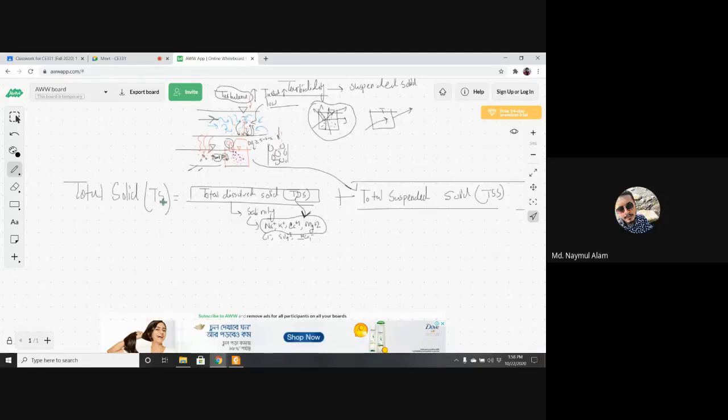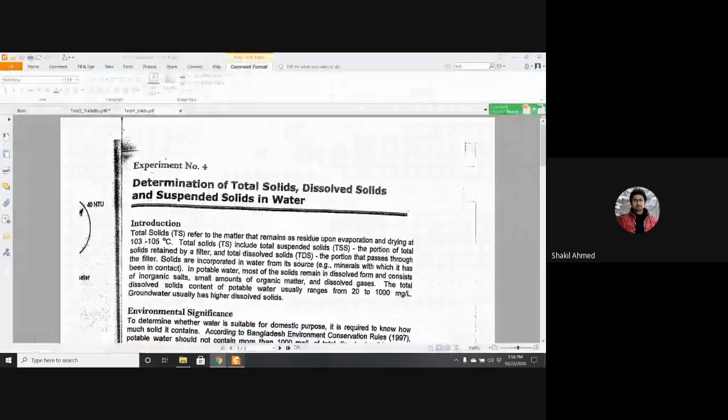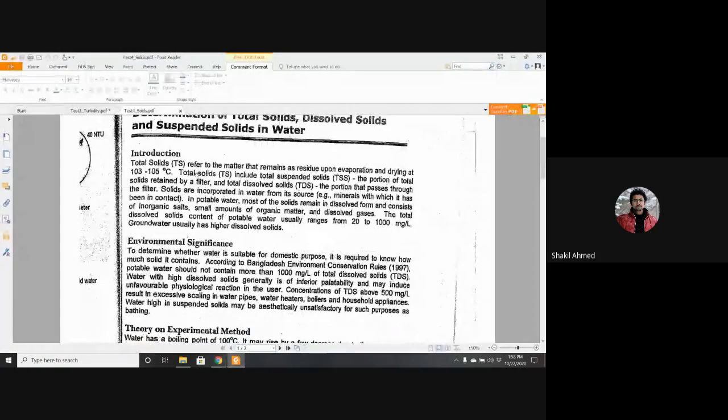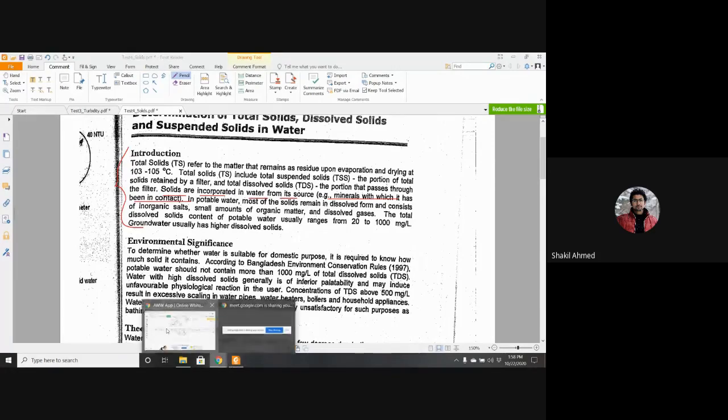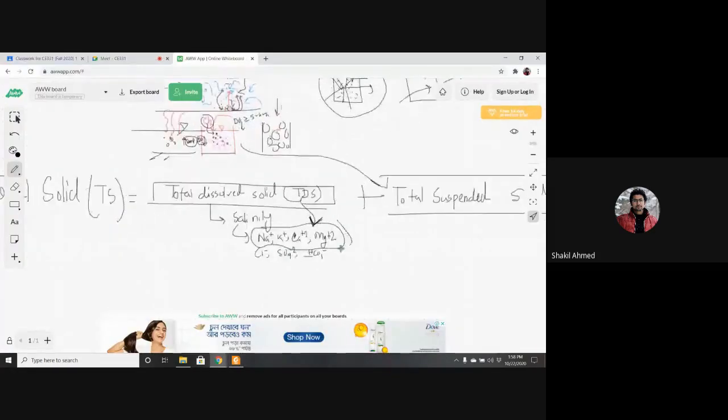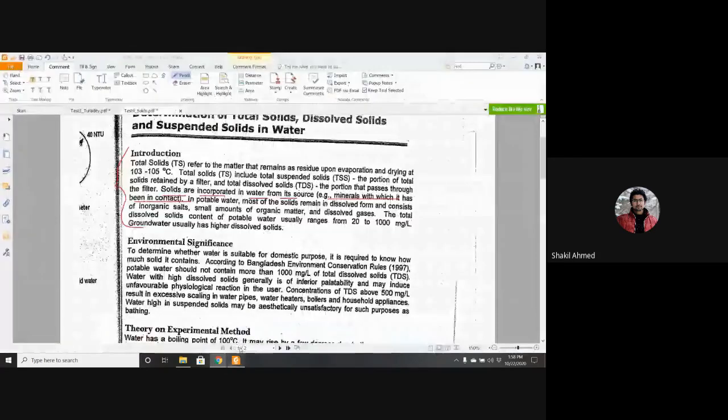So TS equals TDS plus TSS. So you should go through these very well, okay? I already discussed these things. Solids are incorporated in water from its source, minerals with which it has been in contact. So they can come from the minerals or from suspended particulate matter.